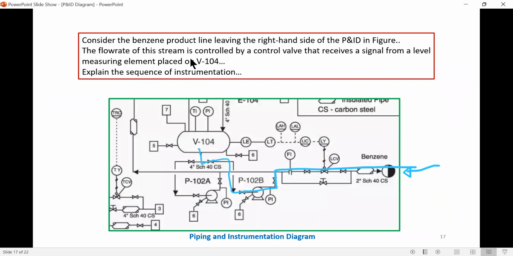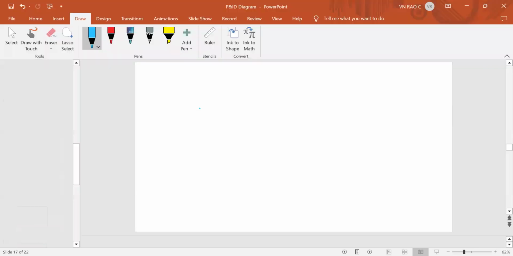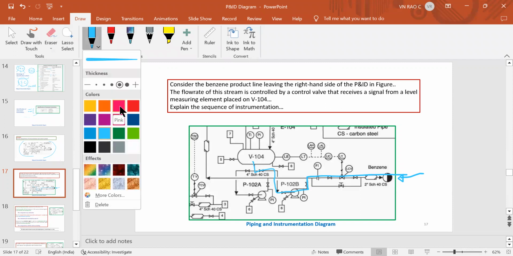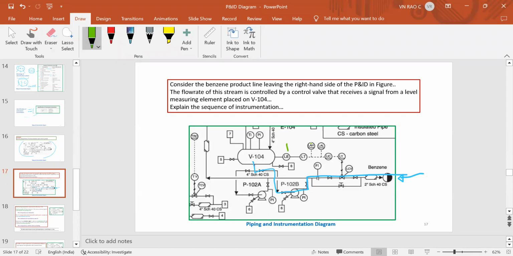The flow rate of this stream is controlled by a control valve that receives a signal from a level measuring element placed on V104. Explain the sequence of instrumentation. So what is the sequence of instrumentation now? If you see this, number one is LE placed on V104 level.